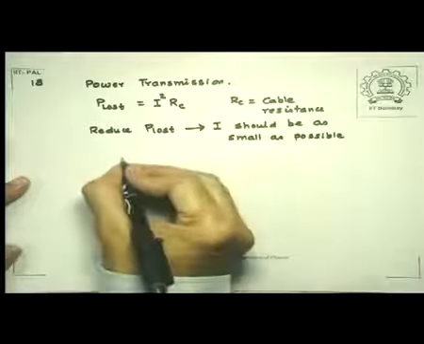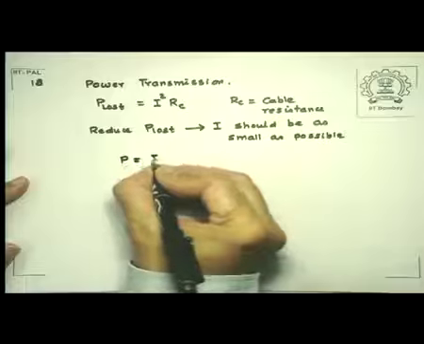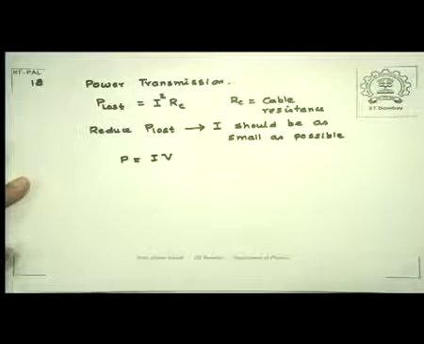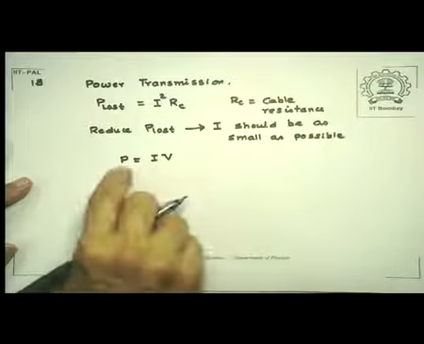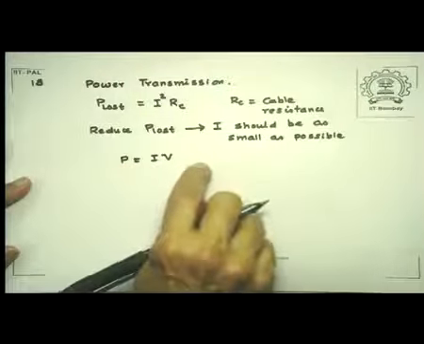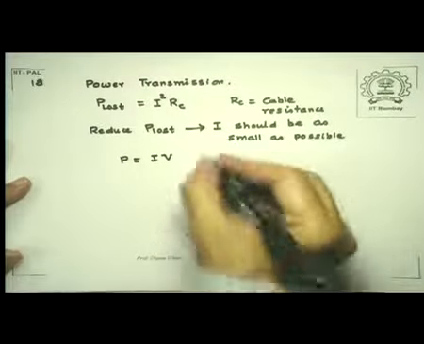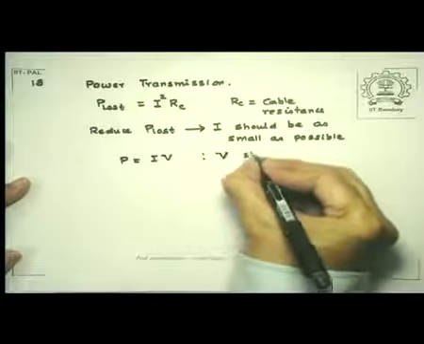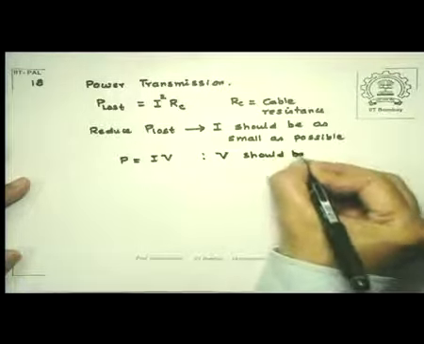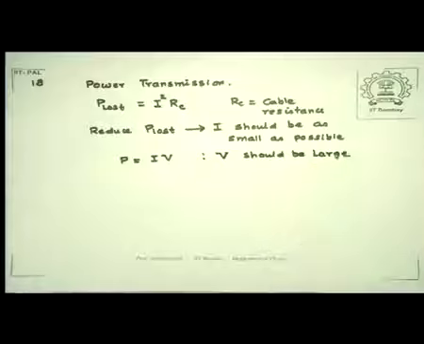Now remember that the power that is produced is actually I times V. So if I want small I for a given power, I want V to be as large as possible. So V should be large. But this is met with certain amount of danger because you are going to transport power at fairly high voltage. So what is done is that power is actually produced at a fairly high voltage.